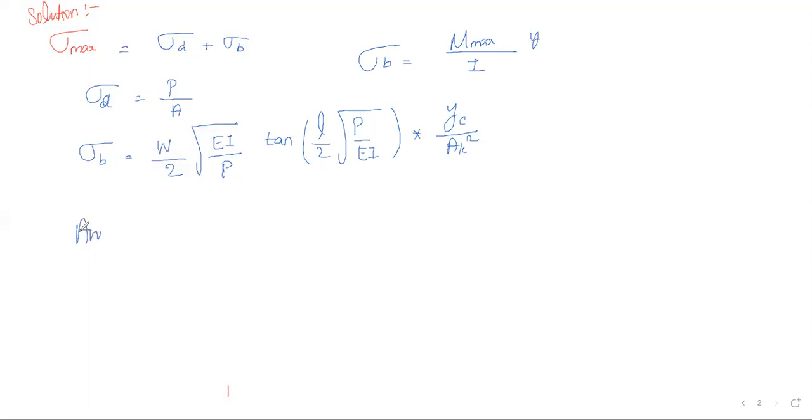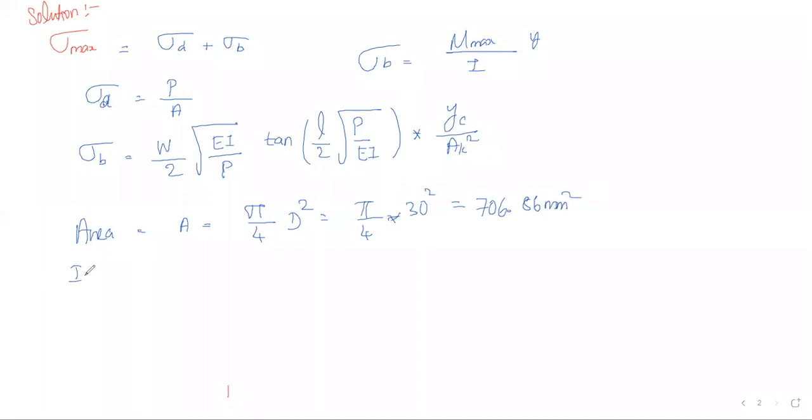So first of all, area. They have mentioned a cylindrical section, so pi by 4 into d square. Just a minute, I will take the calculator. So it is 706.86 mm square, the area.